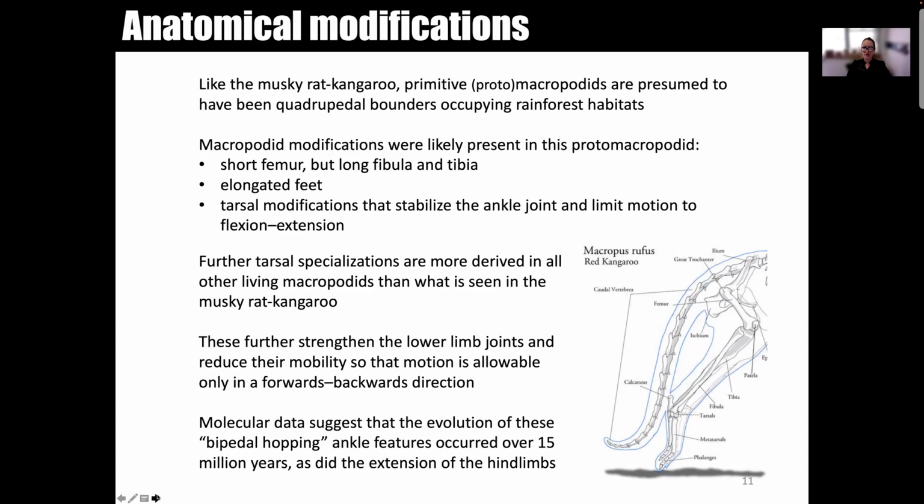So these include further strengthening the lower limb joints to reduce the mobility so that the motion is allowable only in a forwards and backwards direction, which when you think about hopping, that makes sense, that the lower limb joints are protected from any sort of sidewards movement. So there's molecular data that suggests that the evolution of these bipedal hopping ankle features occurred over 15 million years ago, as did the extension of the hind limbs.